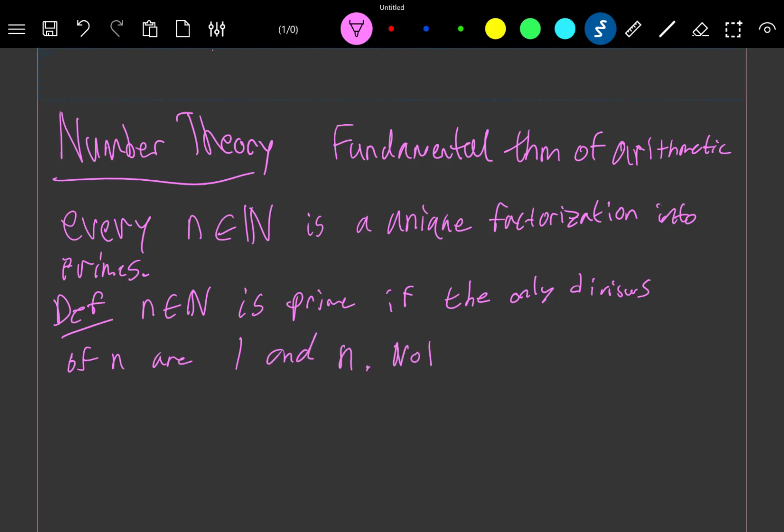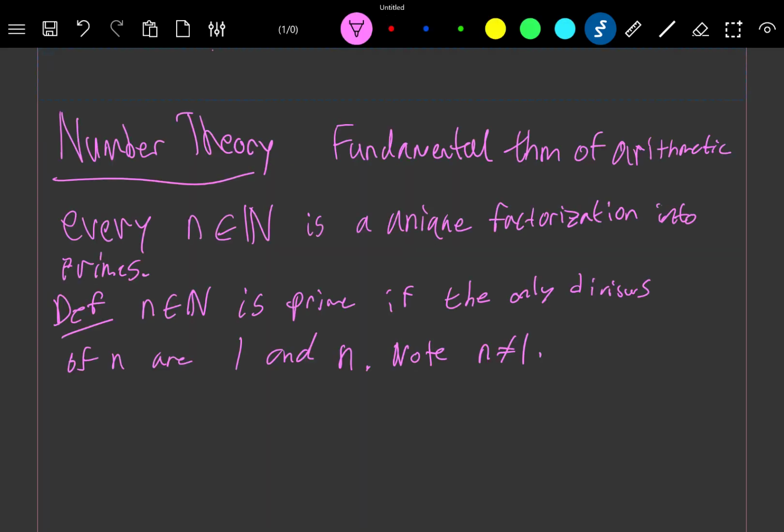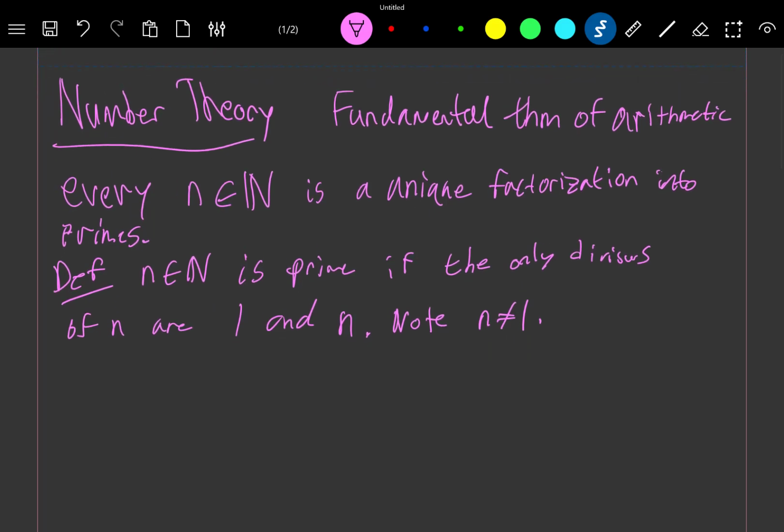And we will note n cannot be 1. 1 is not a prime number because you won't have unique factorization if 1 is prime, because you can just have multiple powers of 1. So we're not going to consider 1 as a prime number.